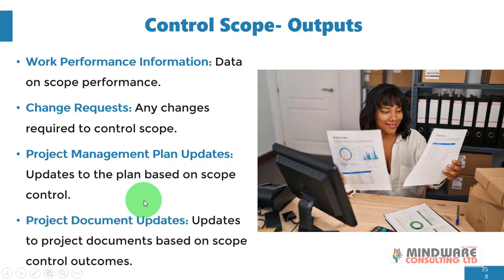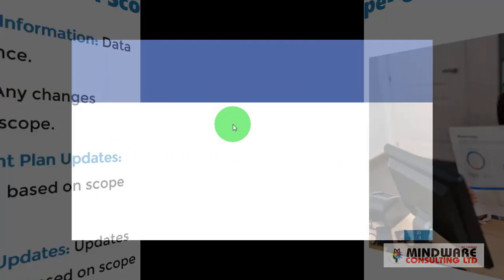Last but not the least, you have your project document updates, which include updates to project documents based on scope control outcomes. So all these are the outputs from your control scope process. Hope you got them handy.